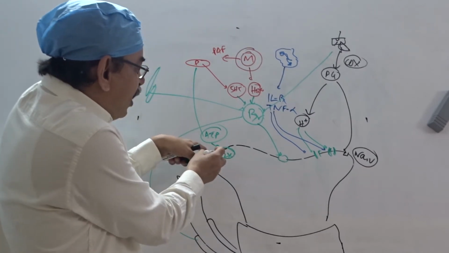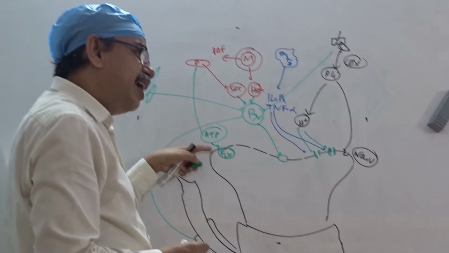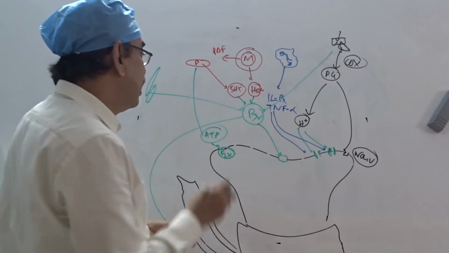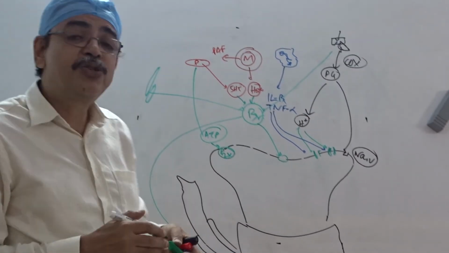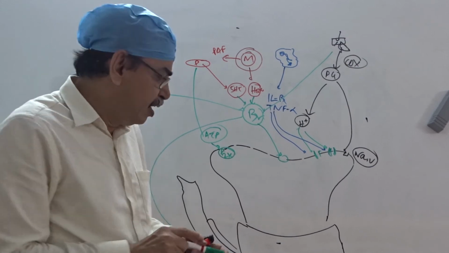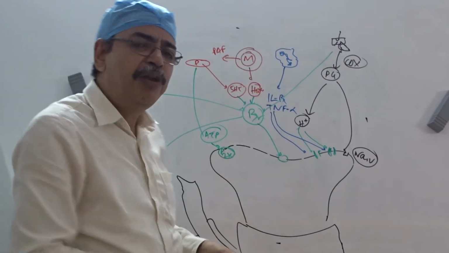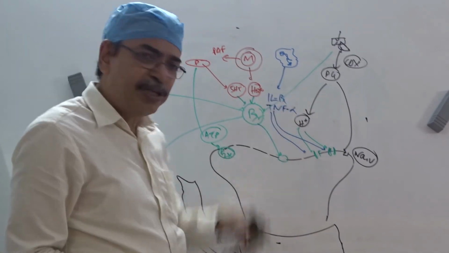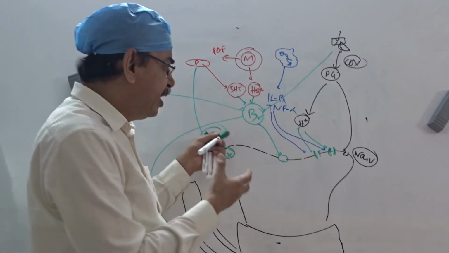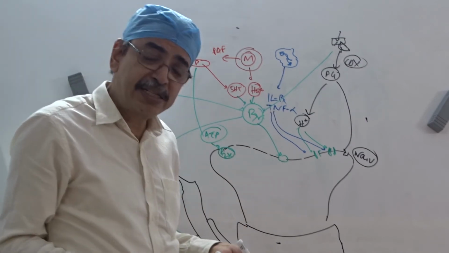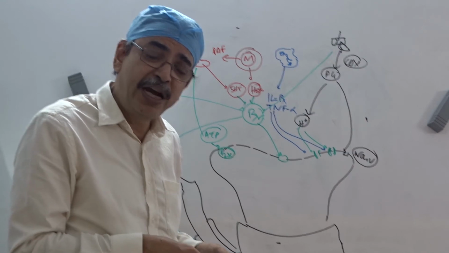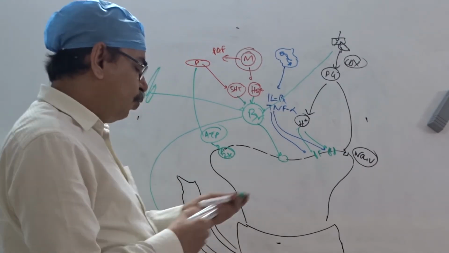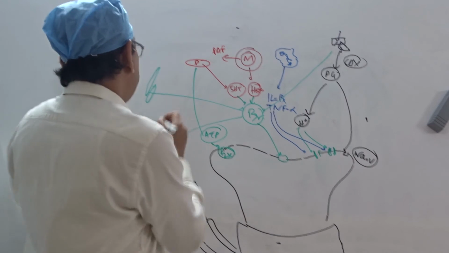So they also stimulate, and there are other cytokines which also come into play in case of a prolonged inflammation. In case this inflammation is there, there are some other structures, some other cytokines which will come into play. What are those? We know the nerve growth factor.